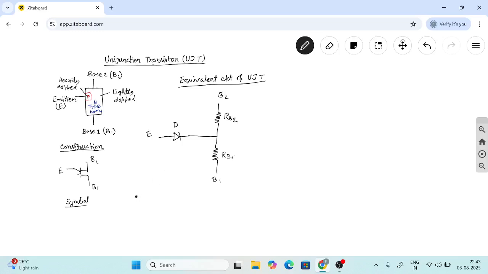So RB1 plus RB2, that is the RBB. It is the inter-base resistance.